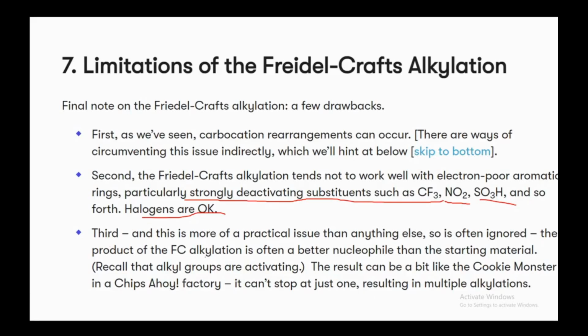The product of the Friedel-Crafts alkylation is often a better nucleophile than the starting material. Recall that alkyl groups are activating. The result can be a bit like the Cookie Monster in a Chips Ahoy factory. It can't stop at just one, resulting in multiple alkylations. These are the three limitations of Friedel-Crafts.